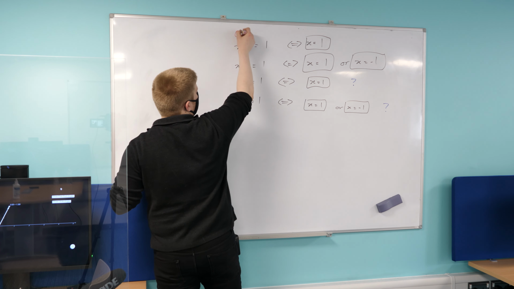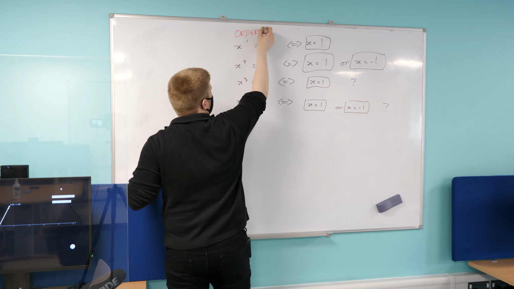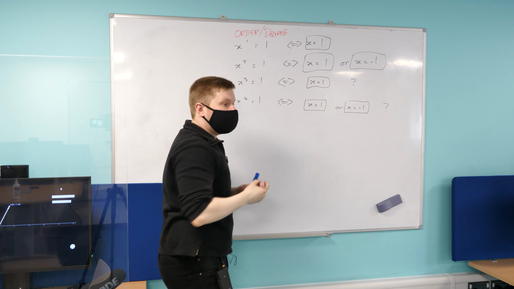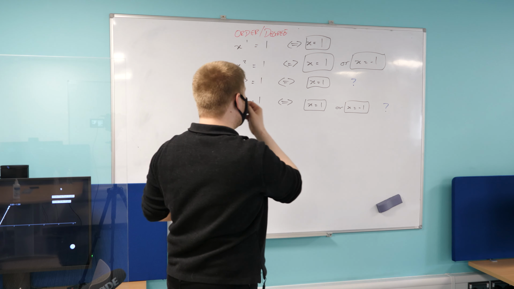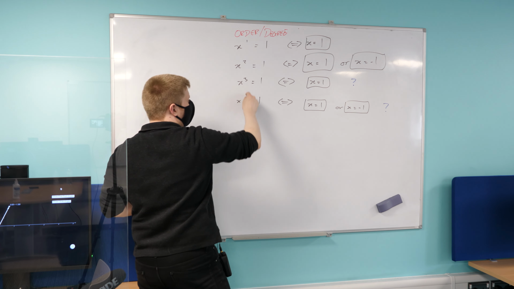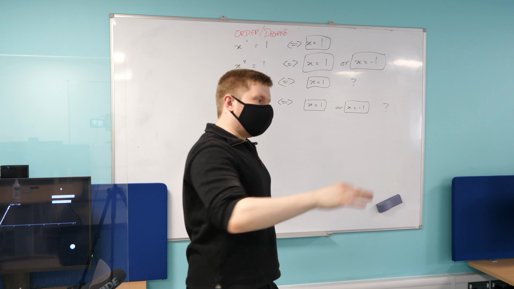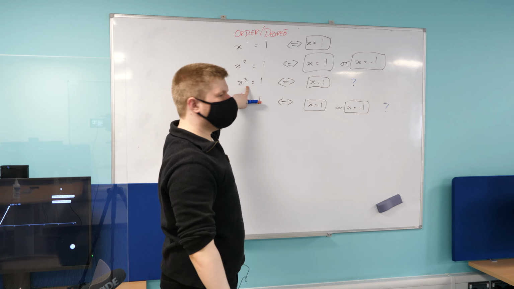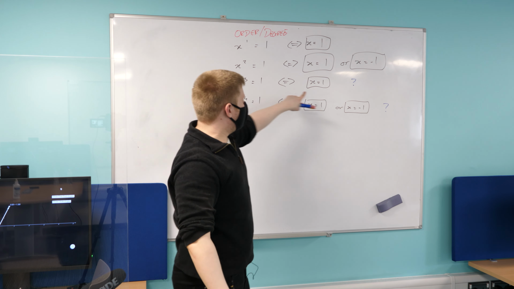So we call this the order or the degree of our polynomial. That's simply the highest power. So if you look at the highest power of your equation, that will tell you how many solutions you are expecting.